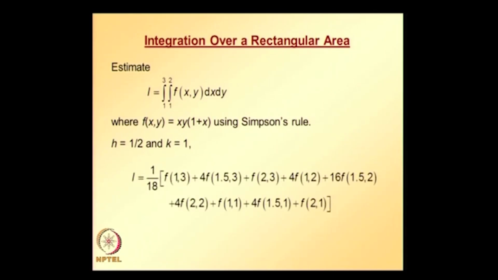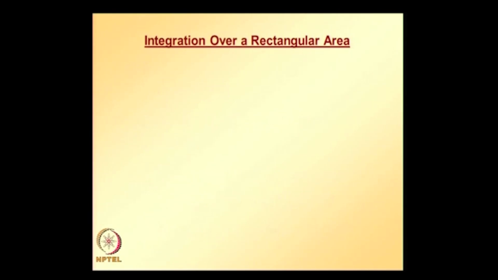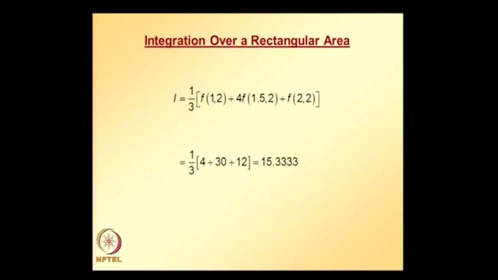Now applying the formula we get this equation. Substituting the function values evaluated at each of the points in the equation, we get this one, and finally this becomes 15.333, which is actually the exact solution.